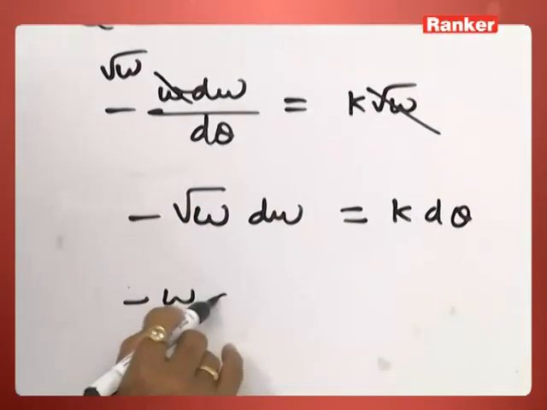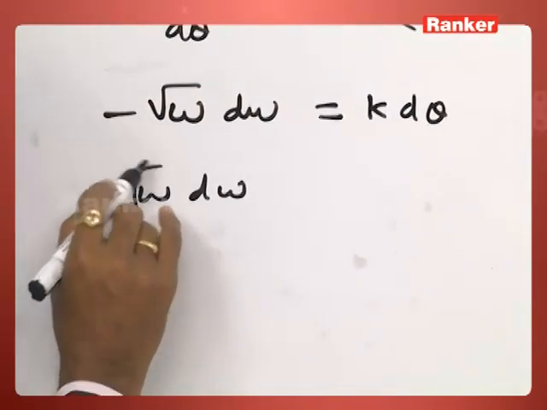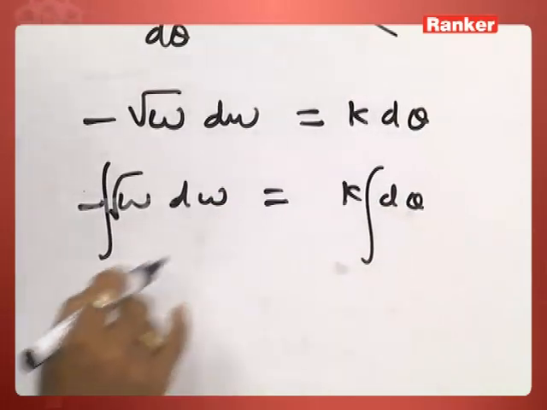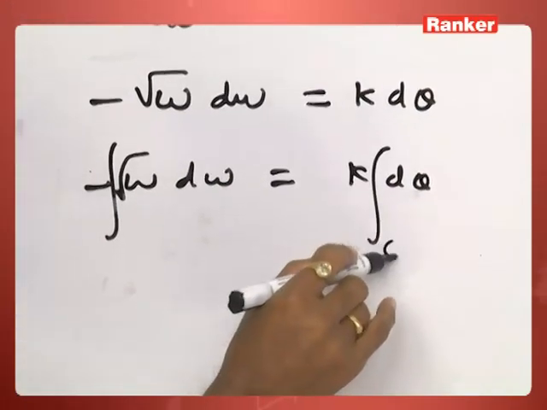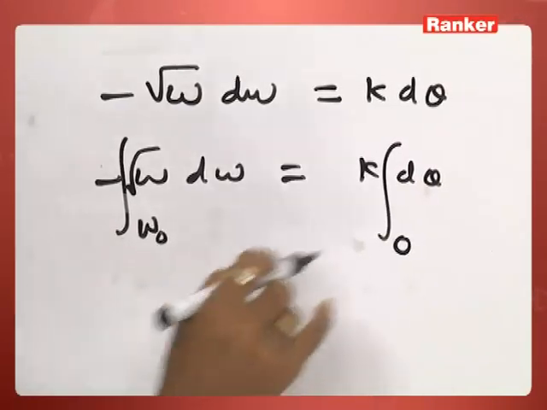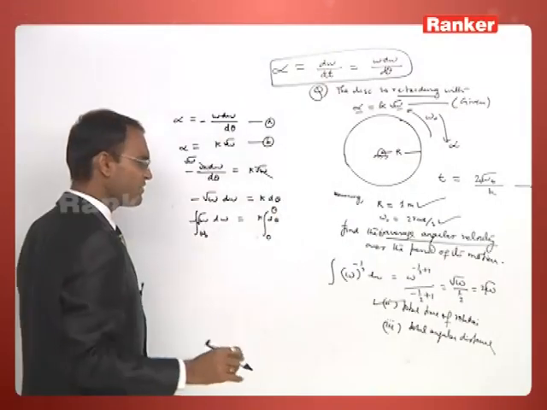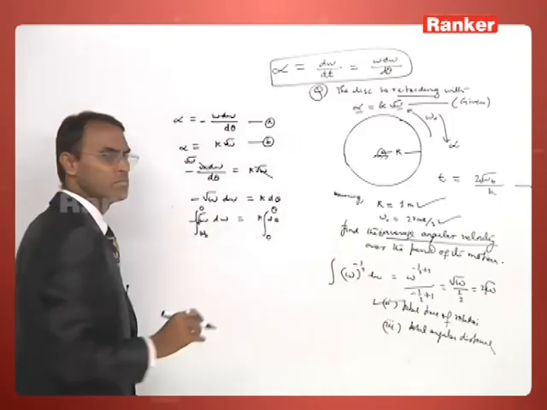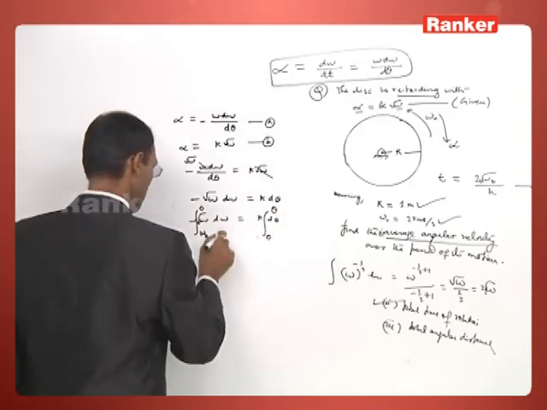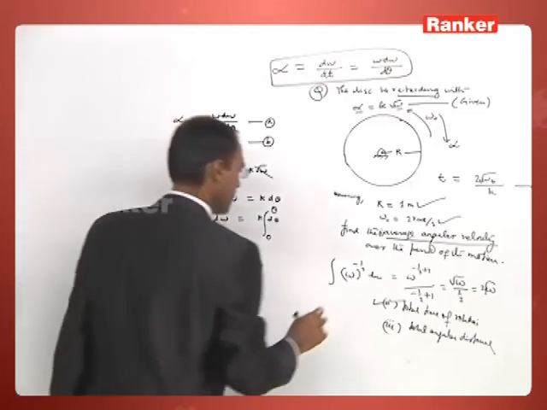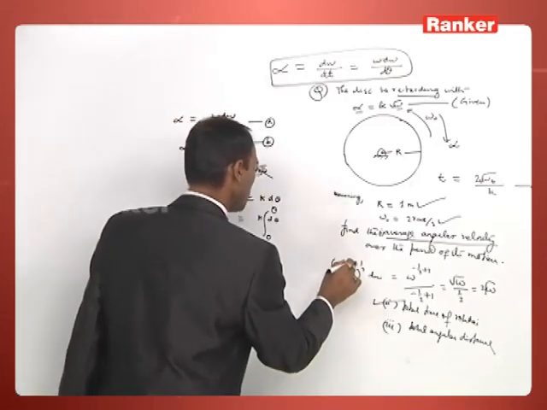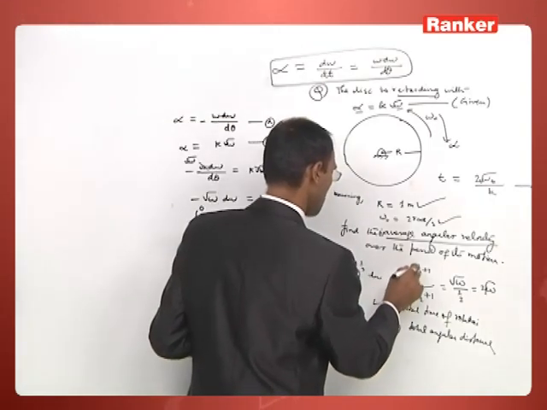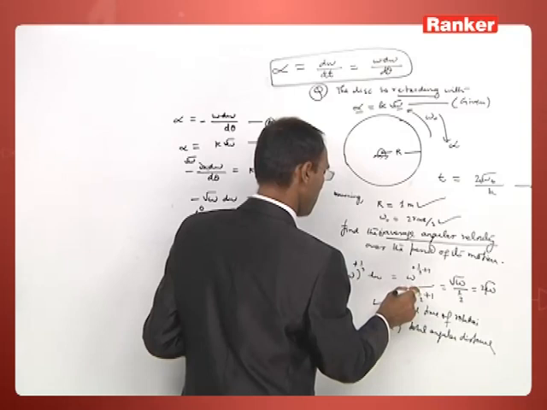Now let us integrate both sides. When theta is 0, omega is omega naught, and when it describes the total angle theta, it will stop. The integration of omega to the power plus half is omega to the power plus half plus 1 by plus half plus 1.